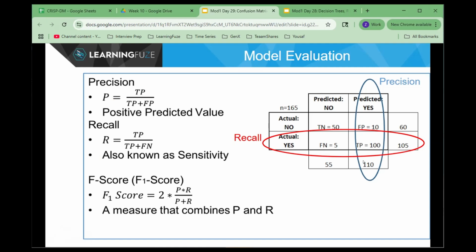Can you see something unique between precision and recall, which is different from accuracy? It seems to focus mostly on the positive values. Oh, beautiful.